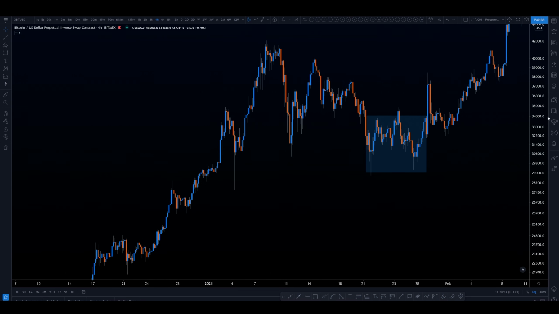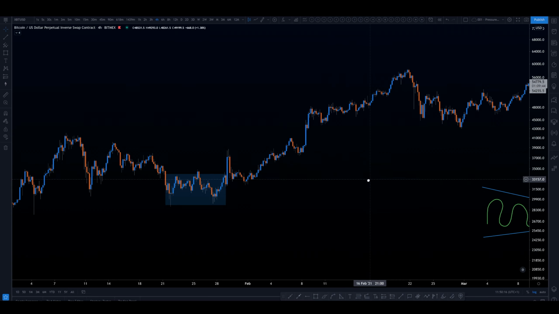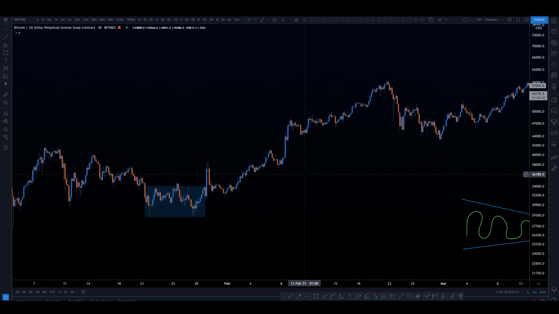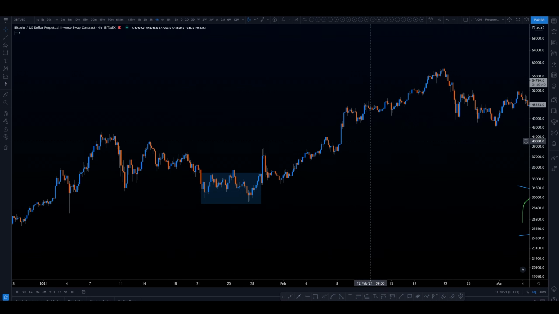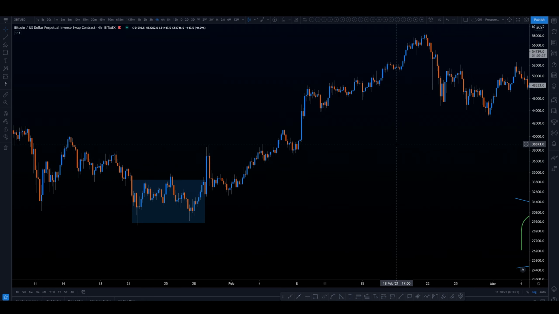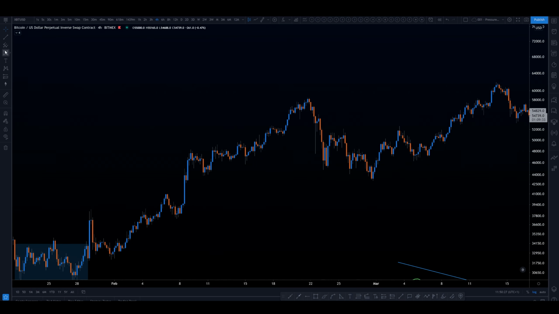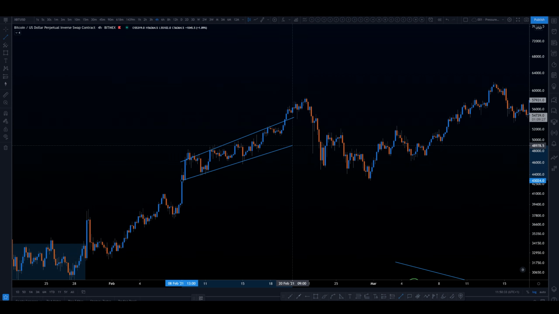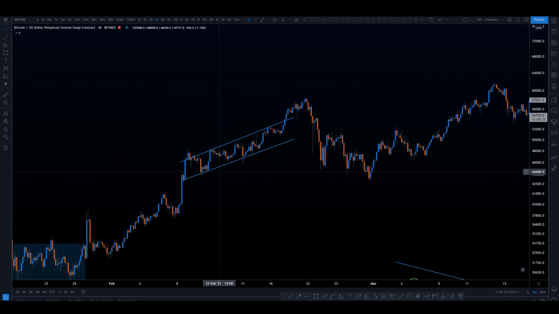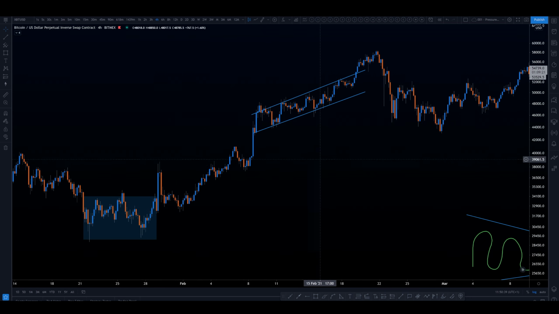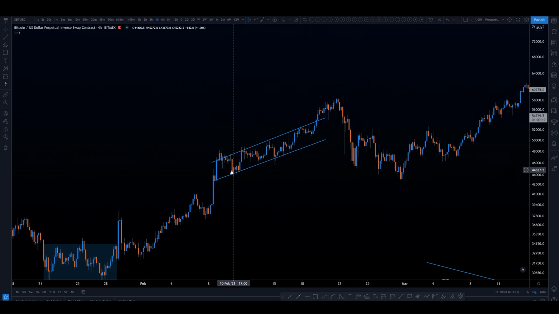But for pressure zones, it is important to also draw trading ranges in a diagonal fashion. This is an expansion of the original idea, but if you look at, for example, this channel-like structure here, you can see that we do have a trading range, but it is not going in a horizontal fashion.